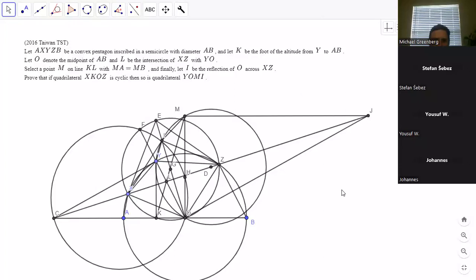So I agree with that. If we could show DY equals DM, that would solve it.